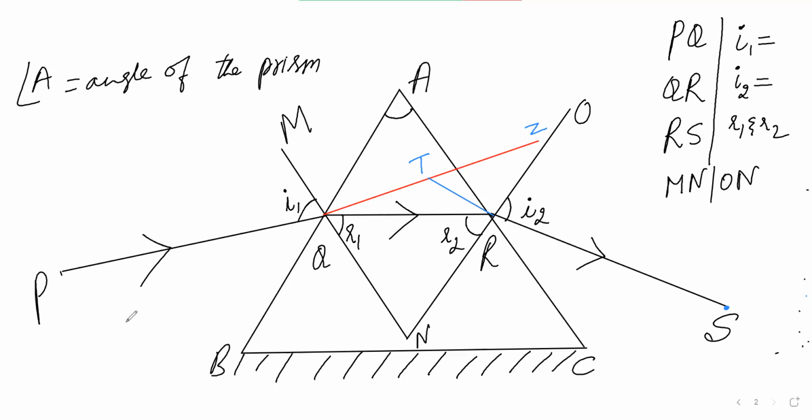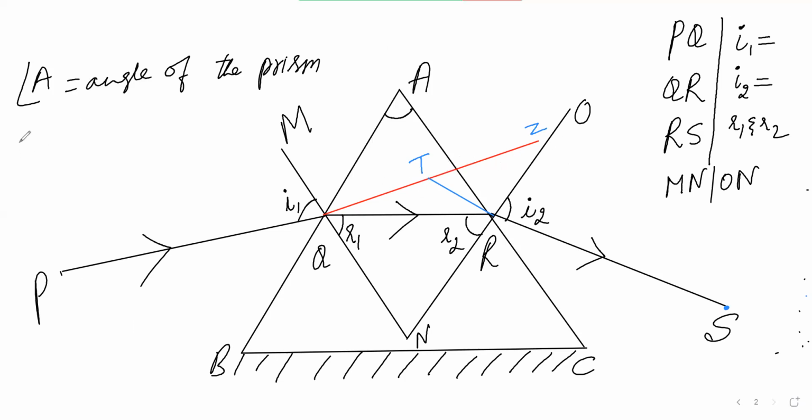So can you people see what I am talking about here? Yes, sir. PQTZ is the path the light is supposed to travel in the absence of the prism. Due to the prism, light is getting deviated and it is going out like this. Write it down.